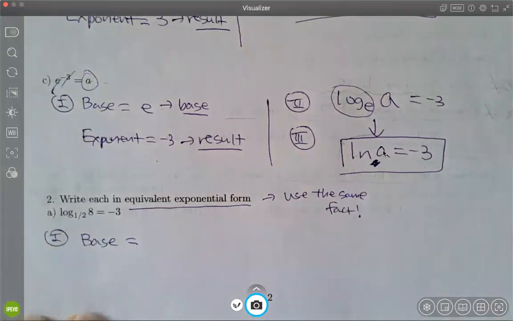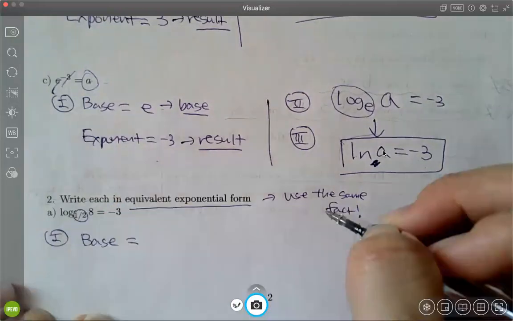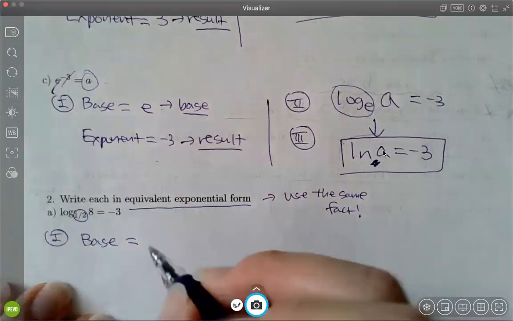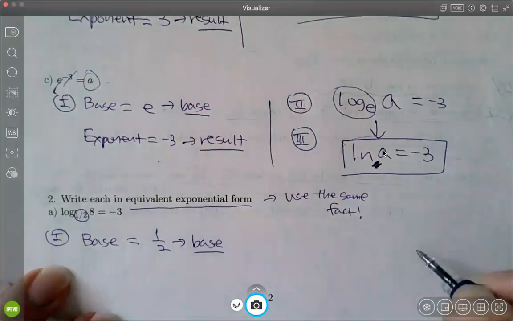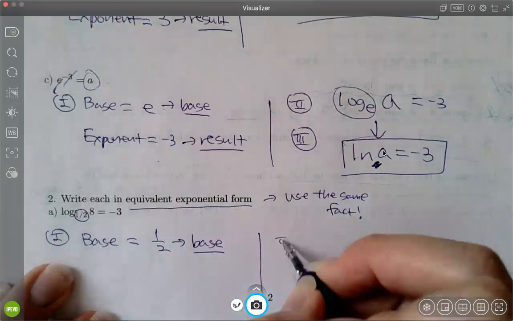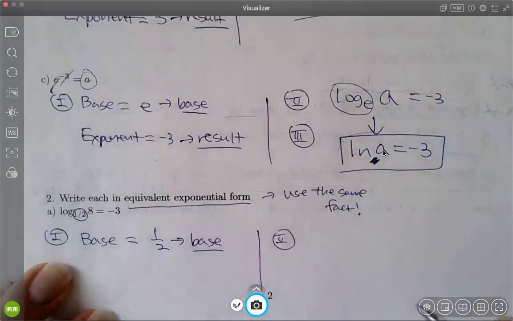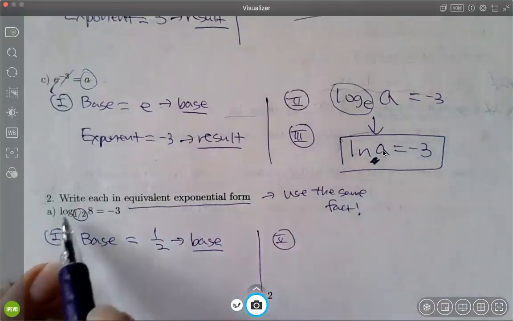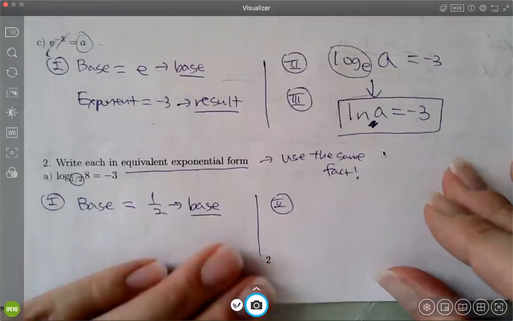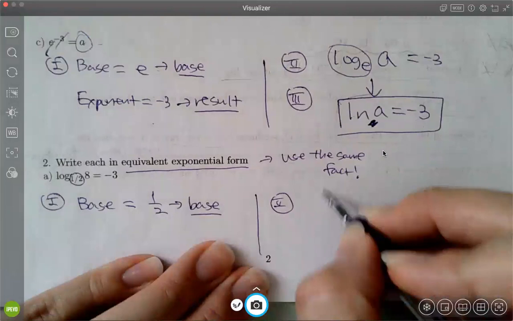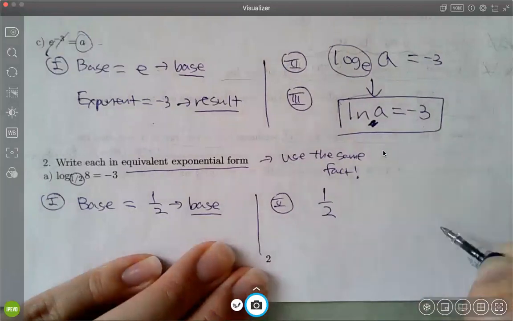One half, right? Yes. So the base is always this small number here. So the base is 1/2. And remember, base always goes to the base. And now, be careful. This time, we start from the log statement, and we want to write the equivalent exponential form. So what does that mean? We will have 1/2 as the base of the exponential form.